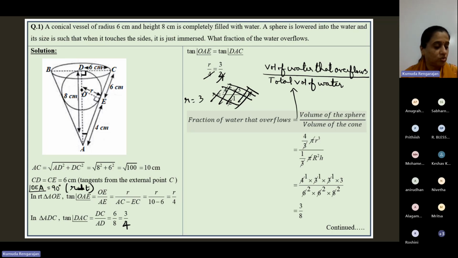I've written 3 by 2. Nobody could make out that. Thanks, Jai Varshini, once again. All right. I hope all of you made the correction.